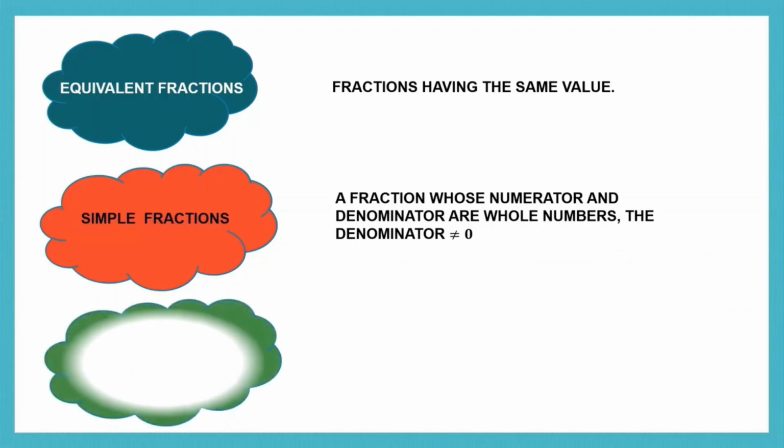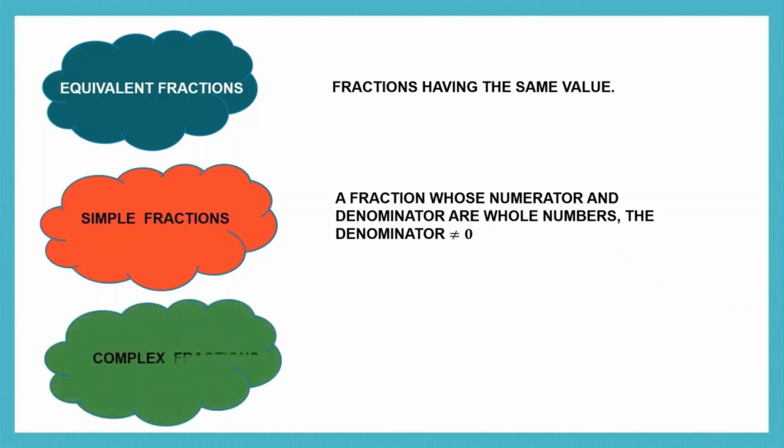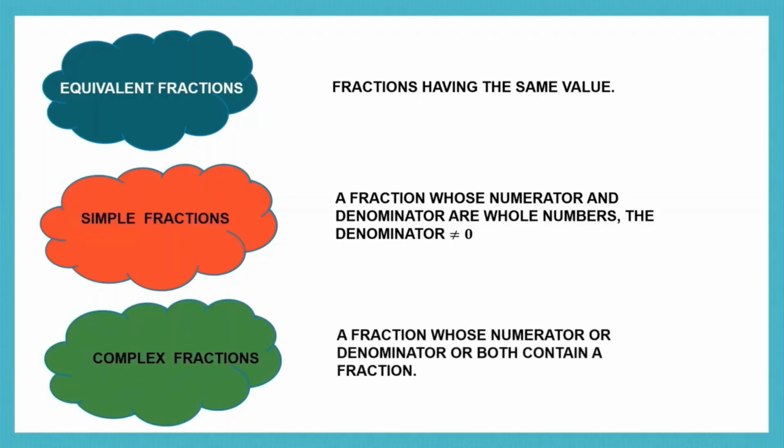The next one is a complex fraction. What are complex fractions? A fraction whose numerator or denominator or both contain a fraction. Okay, as examples, now suppose I write 3 by 4. This is a simple fraction, isn't it?